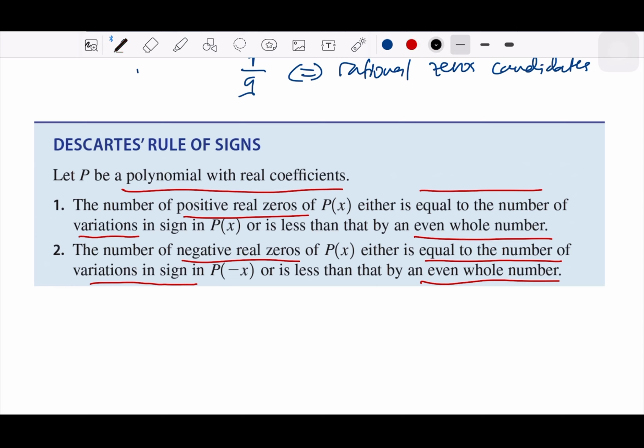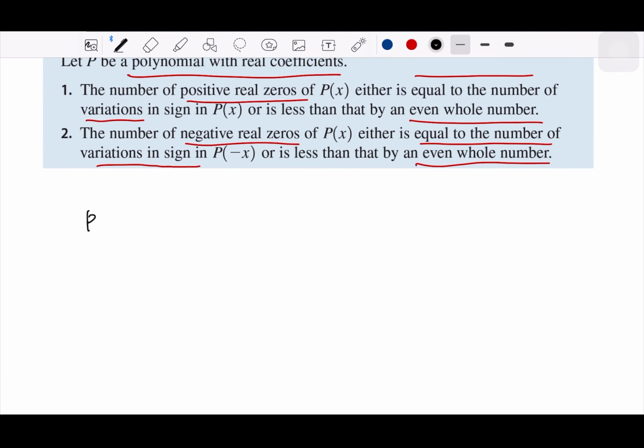I think it's better to give an example directly of what the variation in sign means. Let's say we have this P of x. Now, using the Descartes rule, what we are going to find is the variations in sign in P of x.